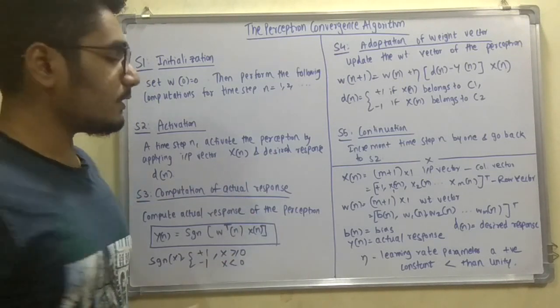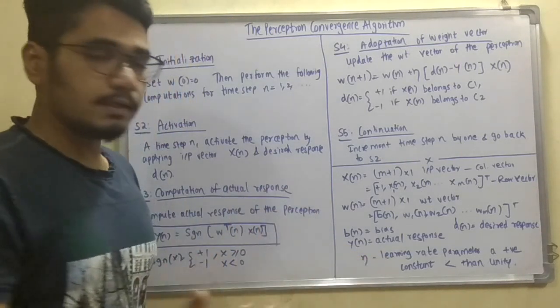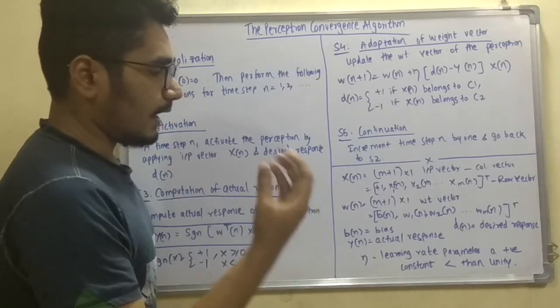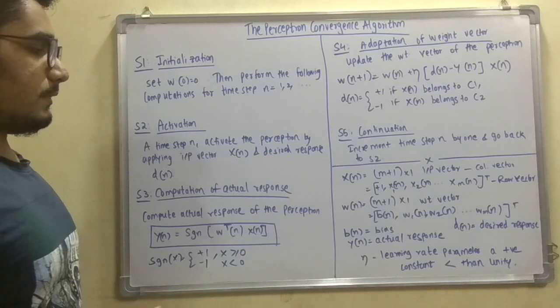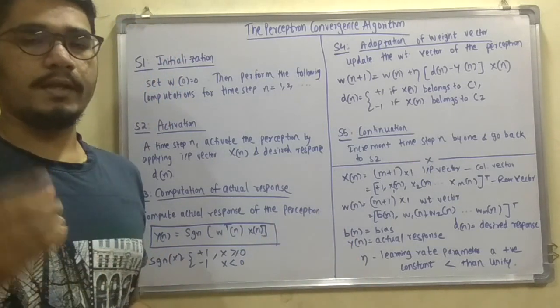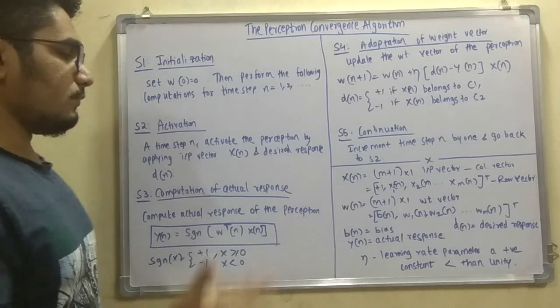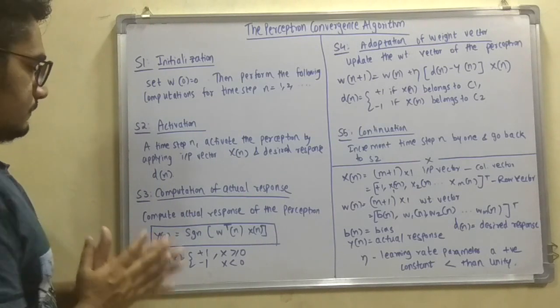Finally there is one parameter called eta, which is a learning rate parameter, a positive constant less than unity. It will be 1 or some other value. So let us see the steps for solving this.